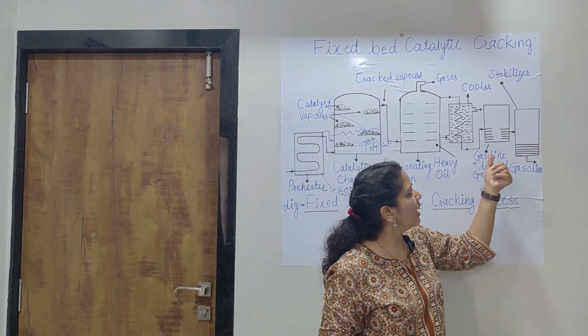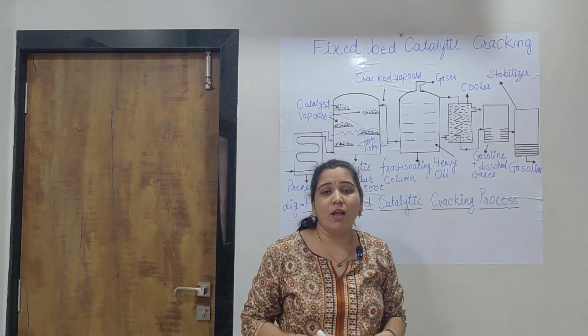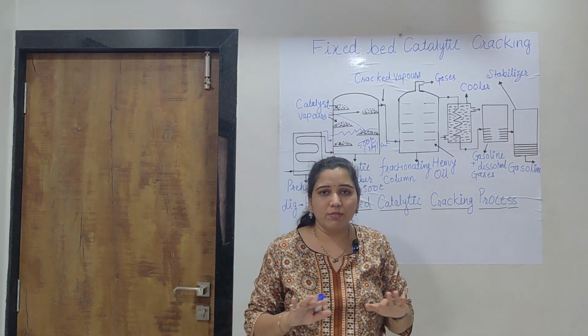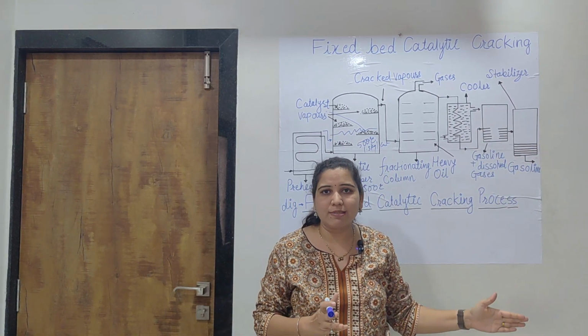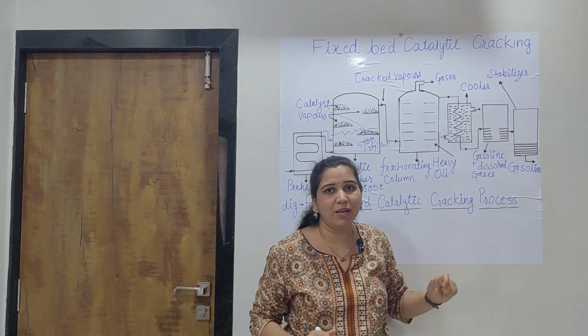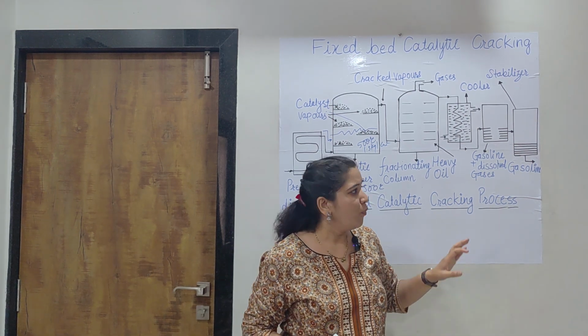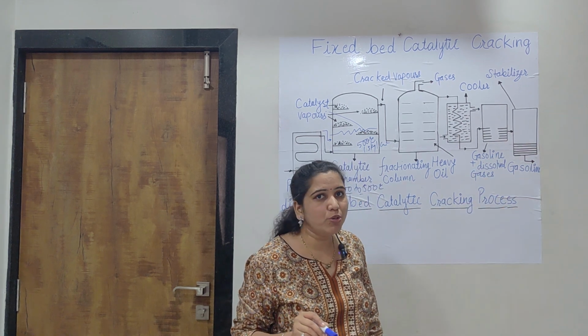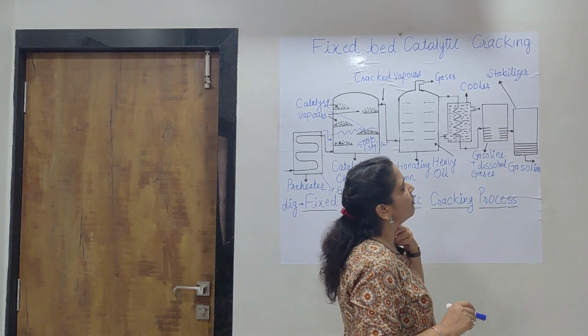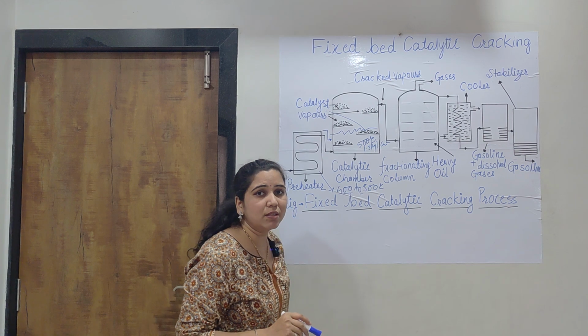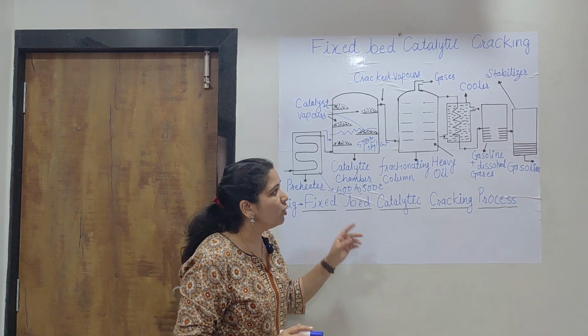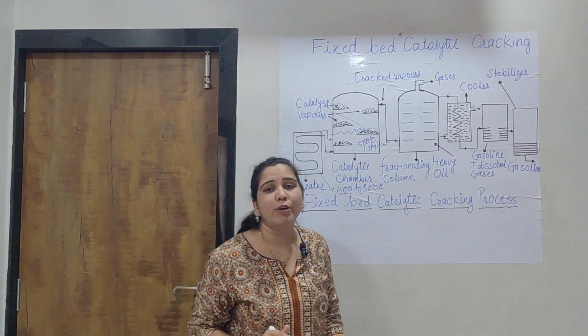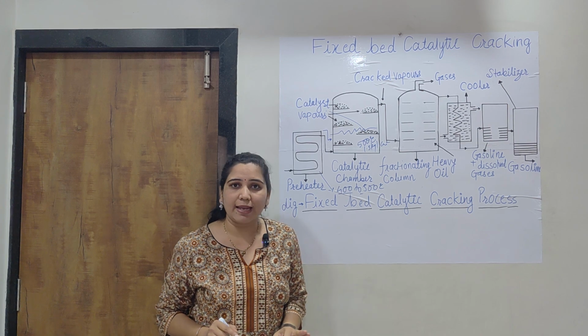The last container is a stabilizer. Bifurcation of gases and gasoline occurs in the stabilizer, where from the lower side the cracked gasoline is produced, while from the upper side the uncondensed gases are removed. In this way the total process of fixed bed catalytic cracking is done.